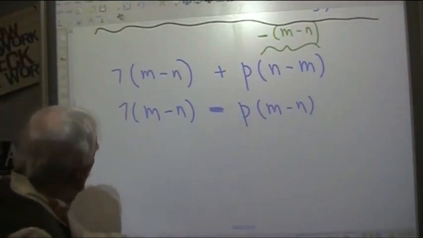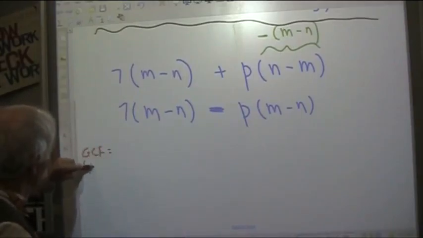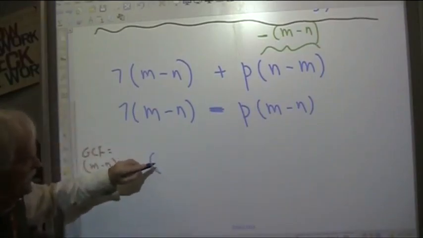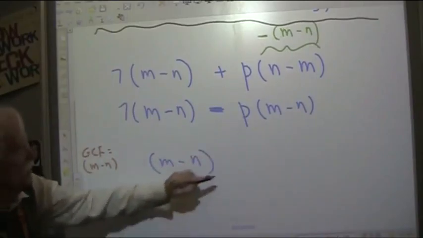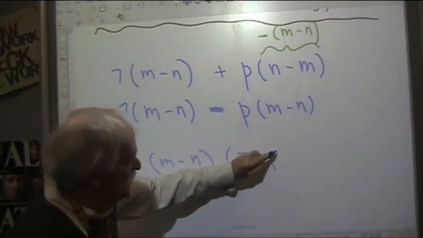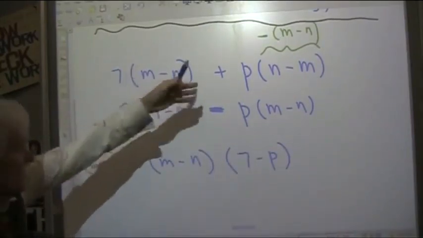So my GCF now is m minus n, and what's my residue? 7 minus p. 7 minus p. And of course we have to check to make sure we get back to our original expression.